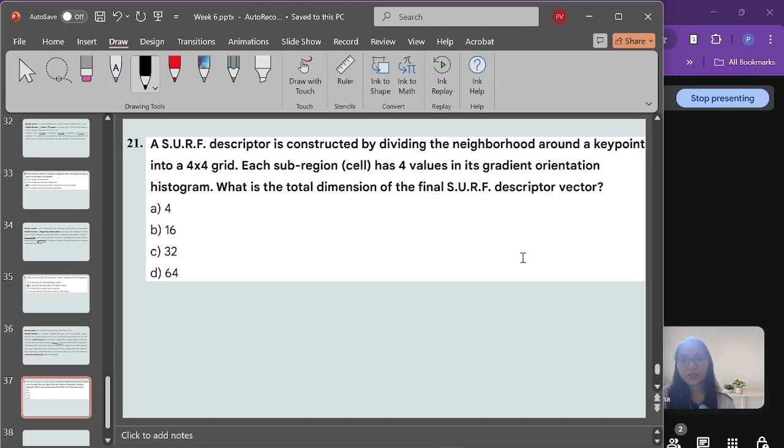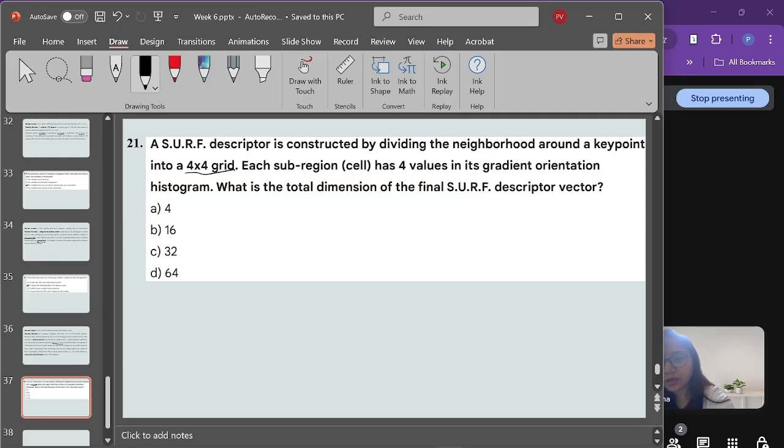Now moving to the next and last question. A SIFT descriptor is constructed by dividing the neighborhood around the keypoint into a 4 cross 4 grid. Each subregion cell has 4 values in its gradient orientation histogram. What is the total dimension of the final SIFT descriptor vector? So here, the descriptor is constructed from the 4 cross 4 grid, and each of these subregion cells contains a 4-dimensional gradient orientation histogram.